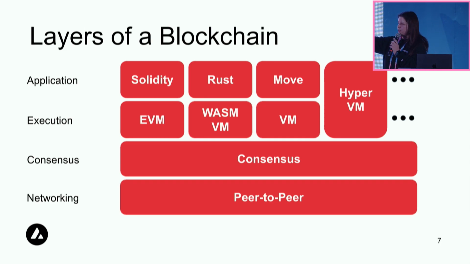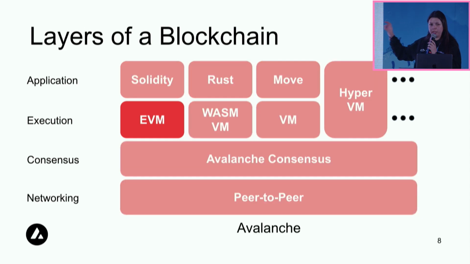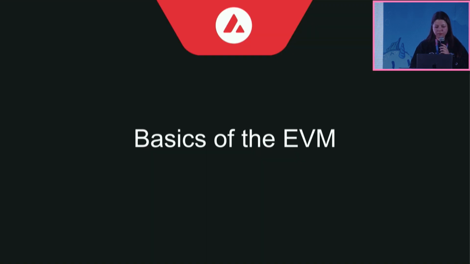You can have an EVM where you write in Solidity, a WASM VM that you can write in Rust or whatever, a virtual machine that uses Move, or even custom virtual machines. But for this workshop, we're only focusing on this specific part. It's not about building an application today. It's just modifying the interpreter of the EVM so you can have specific functions associated with the execution environment.